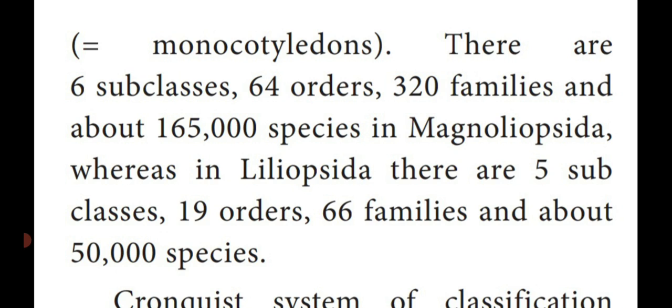Here, they consist of subclasses. Magnoliopsida contains 6 subclasses, 64 orders, 320 families, and 165,000 species. Liliopsida has 5 subclasses, 19 orders, 66 families, and 50,000 species.